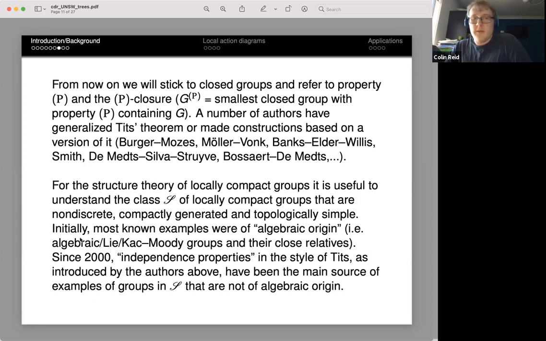So algebraic groups over local fields, or Kac-Moody groups you can think of as kind of generalized Lie groups, or modifications of these ideas. But what Tits gave us is a different way of producing simple groups. And since about 2000, these independence properties in the style of Tits have been the main source of groups in S that are not of algebraic origin, so not Kac-Moody groups and so on.